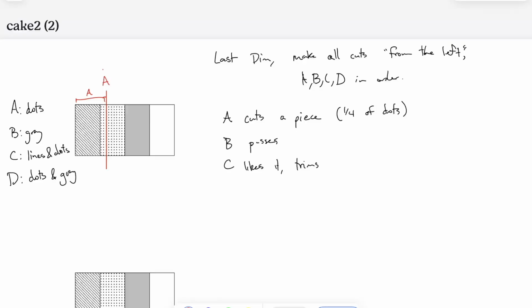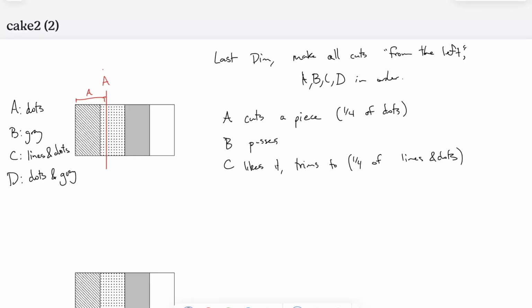And what C is looking for is a region which includes 1/4 of the lines and dots, all right? So C likes it, trims to 1/4 of lines and dots. All right.